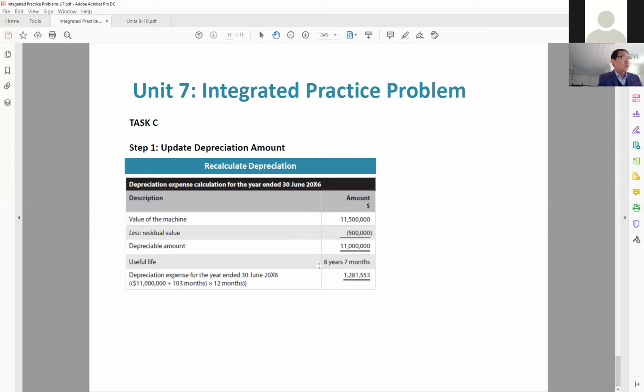And we were also told that the useful life is now 8 years and 7 months. And so when we break all of that together, this is the depreciable amount divided by the useful life, converted into months, and then multiplied by 12 months for the current year, and we're left with this amount.